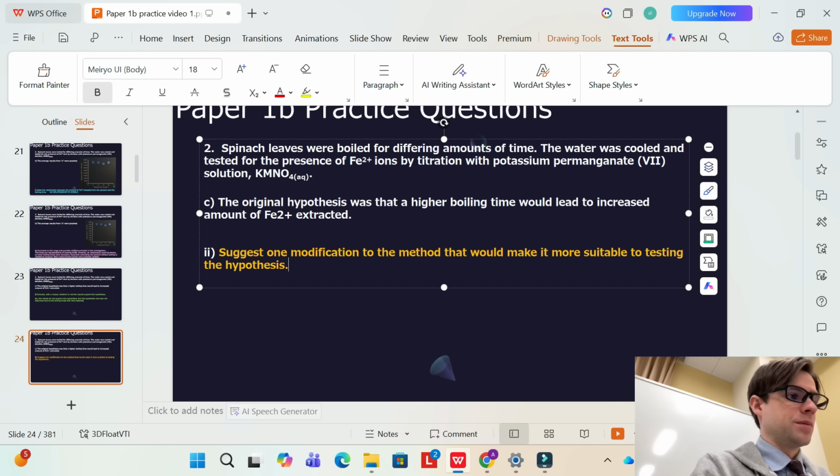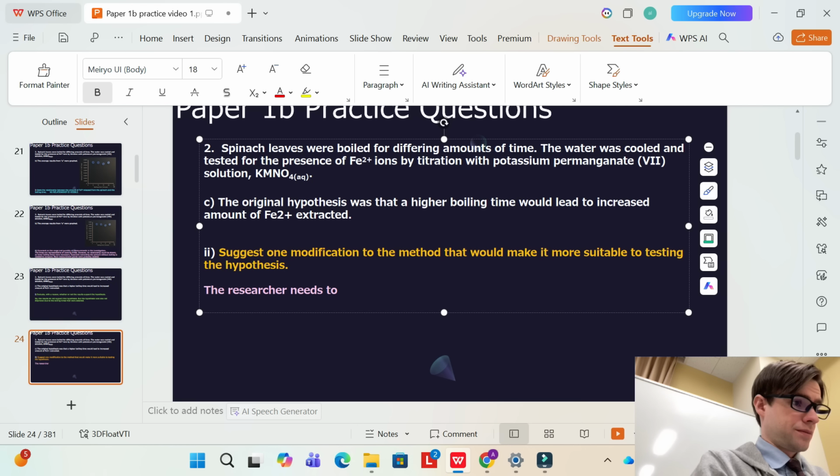So this is kind of the same as one of the previous answers, but the researcher needs to try to extract with regular tap water without boiling.